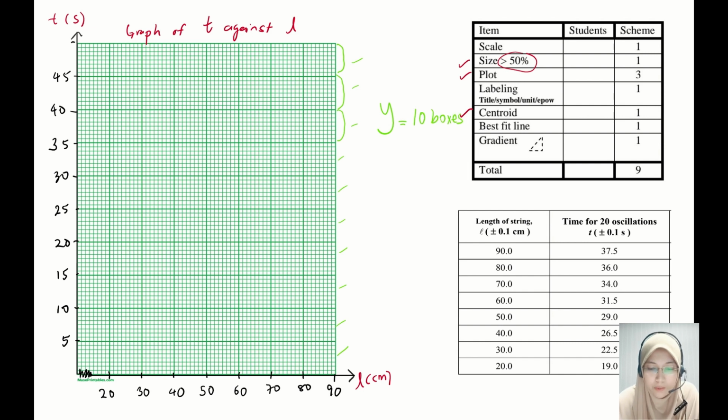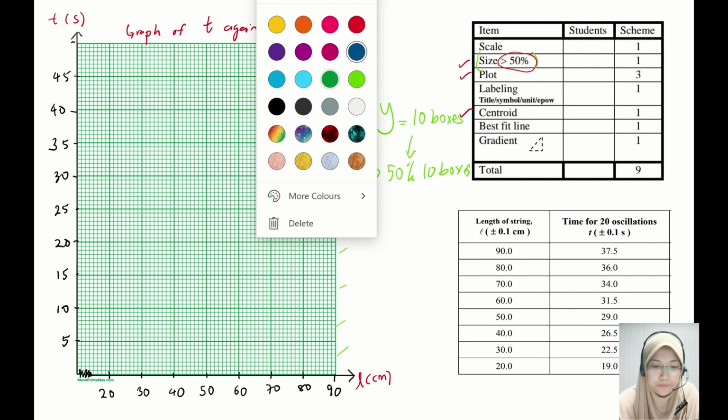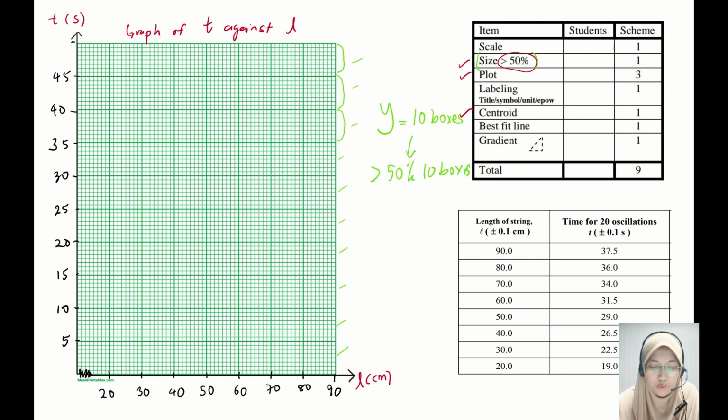Okay, so it means here that the size of the graph must be more than 50% of 10 boxes. So it means that we have to have at least more than 5 boxes.